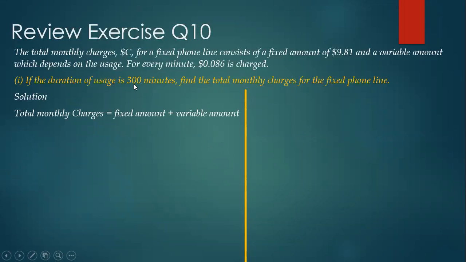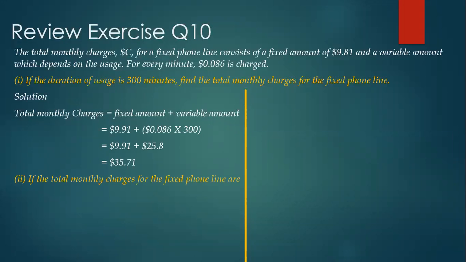Here it says if the duration is 300 minutes, that means we are going to get the variable amount first, and we are going to multiply 300 minutes with the per minute charge, which is 0.086, and then add the fixed amount, which is 9.81. So we'll get the total monthly charges as $35.71.